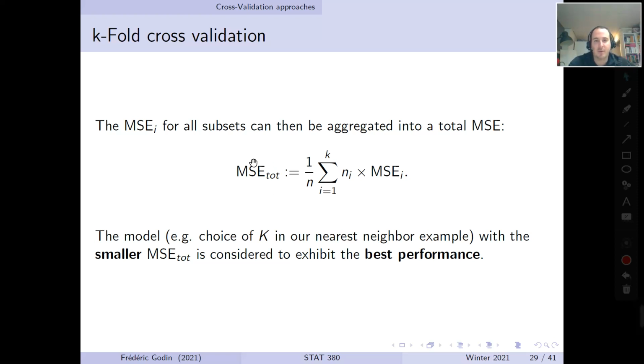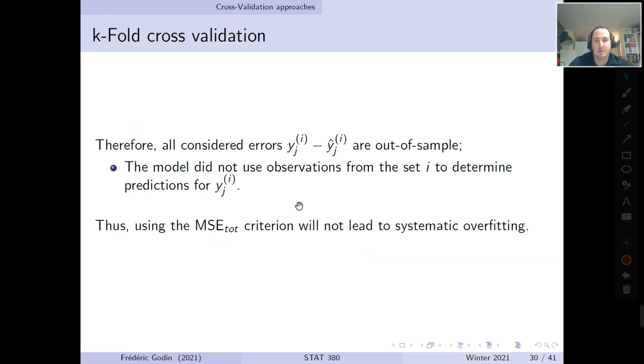Okay, so if you are able to minimize this, it means your model is considered to have the best performance. As we said earlier, I just want to make that point again because it's very important.